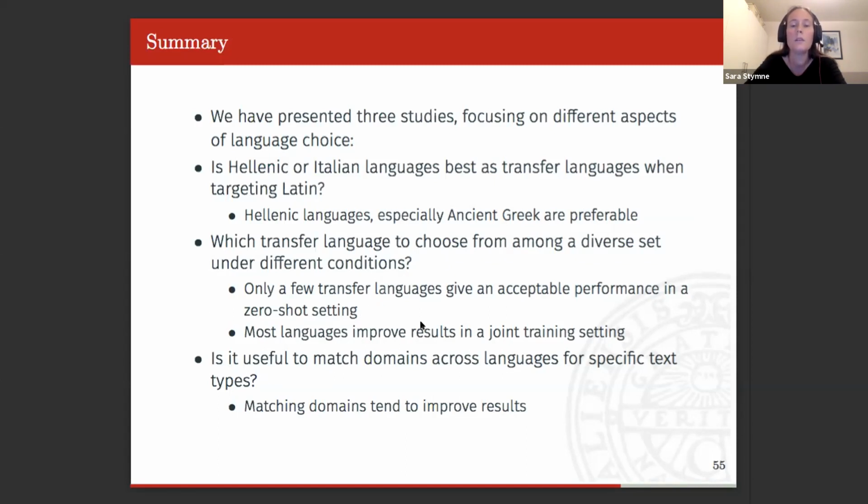And we found that only a few transfer languages gave an acceptable performance at all in a zero-shot setting with mBERT. But most languages improved results in a joint training setting. And in the final study that I just told you, we found that it's useful to match also domains across languages, especially in this case, where you're targeting very specific domains that are different from other types of text.